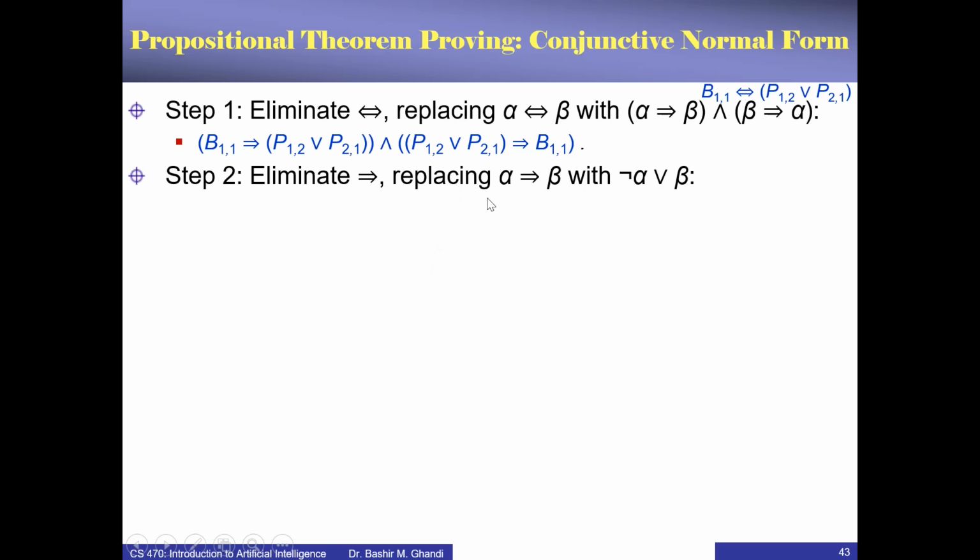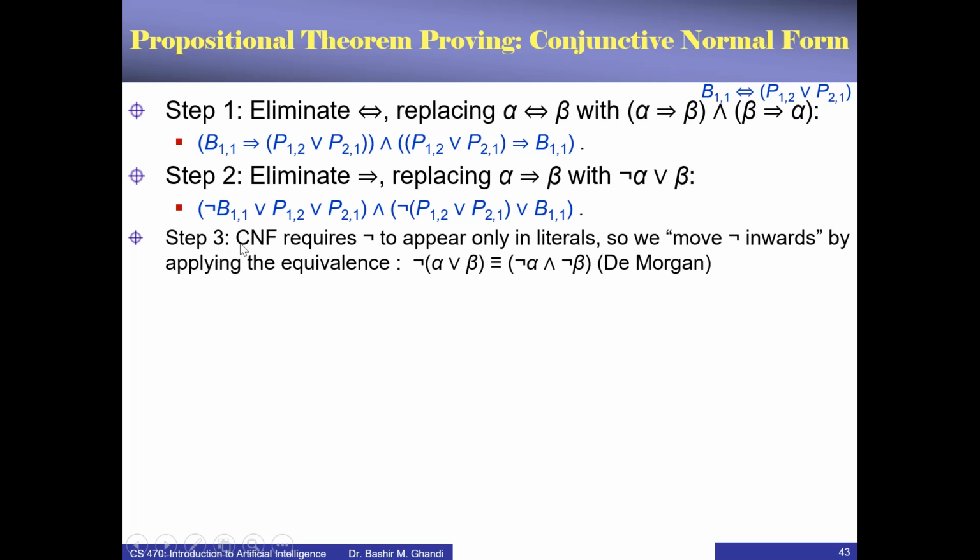We remember that there's a rule that says alpha implies beta is equivalent to not alpha or beta. So if we apply that, we can replace this with not B11 or P12 or P21, and similarly, this one with not P12 or P21, or B11.